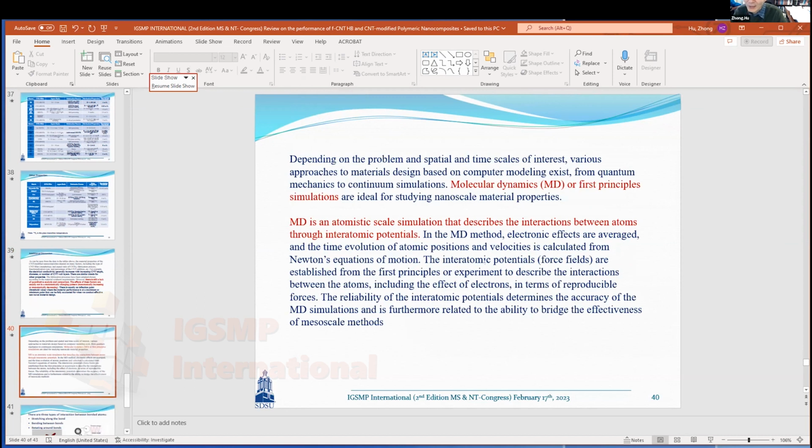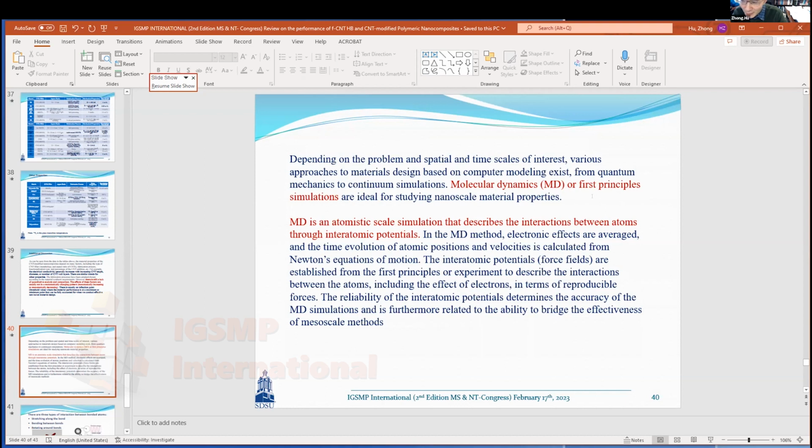And the second one, which is very popular right now, is molecular dynamics simulation. My student is focused on this one, because right now we can simulate up to like 1 million atoms, which is still small, but much better compared with quantum mechanics.